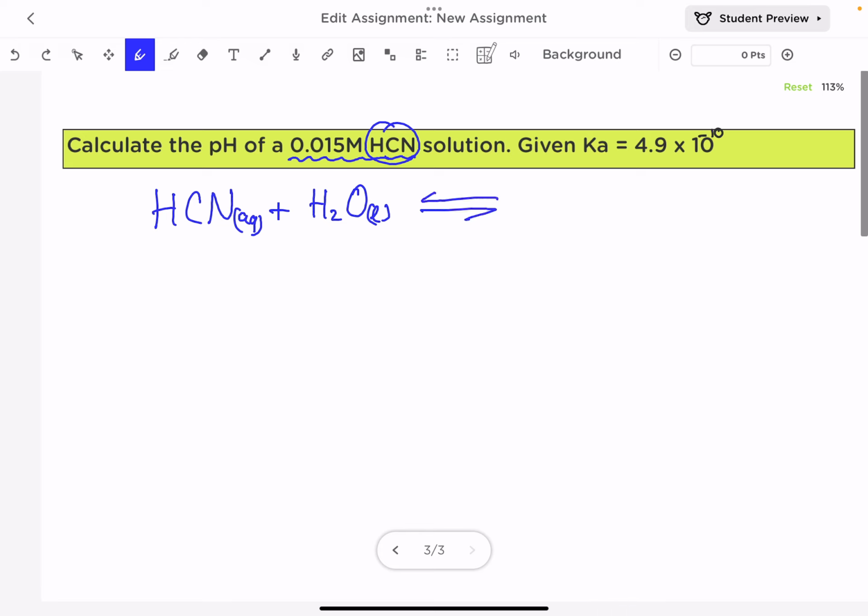Now this HCN is a weak acid, so when it ionizes, it's not going to fully ionize. It will partially ionize into a small portion of hydronium ions, H3O+, and CN-, the cyanide conjugate base.